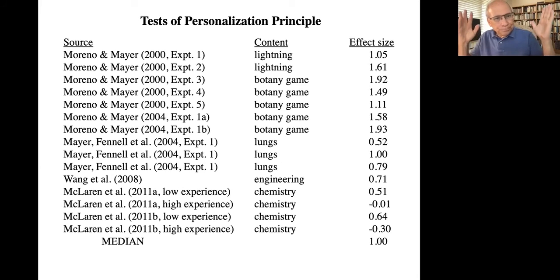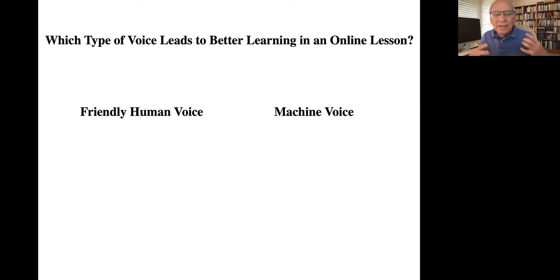So these are some of the studies we looked at, both for lightning, for a botany game, for how the respiratory system works, which was the example I showed you, and so on.